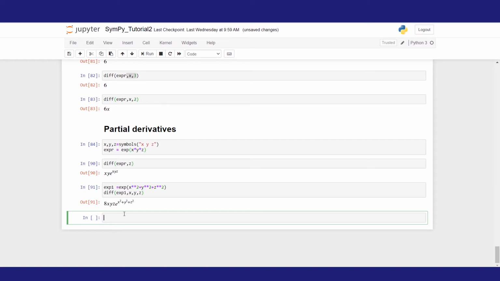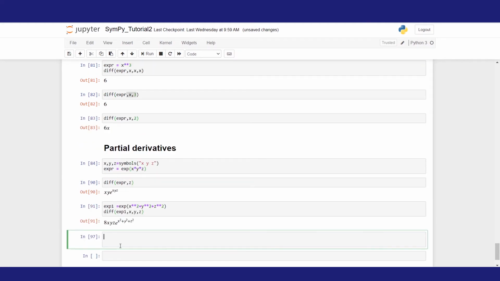Another way of providing a derivative of a partial function is to use the actual Derivative class. So let's say answer equals Derivative, the class that gives an unevaluated derivative.